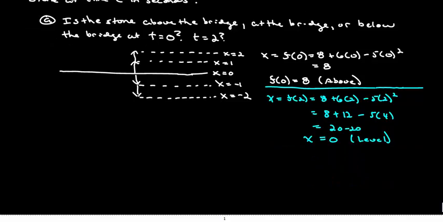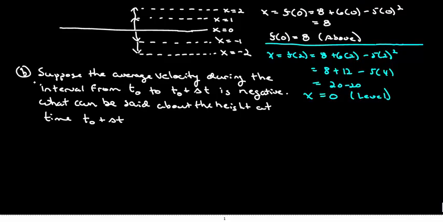Okay, now let's go ahead and take a look at B. Question B says suppose the average velocity, you can think about this in terms of speed. Of course we know velocity is speed with direction, but we can think about velocity as our speed. So suppose the average speed during an interval from some t sub naught, or some initial time, to that initial time plus a little bit more.